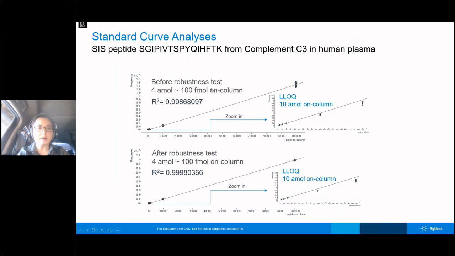You can see the standard curves run before and after the robustness test are very similar. Their R squared are close to 0.999, and both standard curves have a lower limit of quantification of 10 amol on column. Here LLOQ was determined by the lowest spiking level with the RSD lower than 15% and quantification accuracy between 80 to 120%.